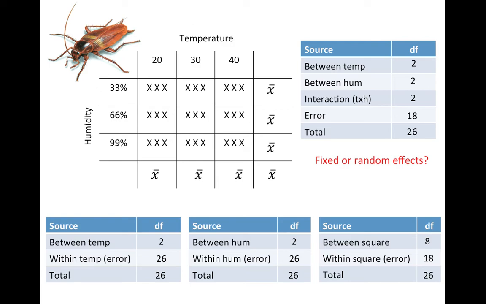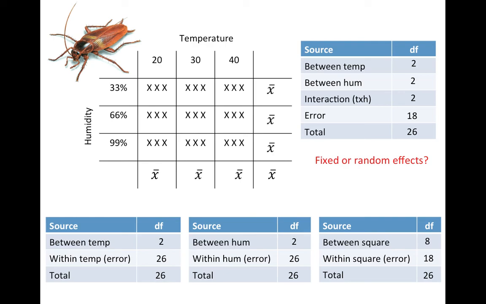When we do the significance test, we would divide all the mean squares with the error factor. The interaction with the error, and the humidity with the error, and the temperature with the error.